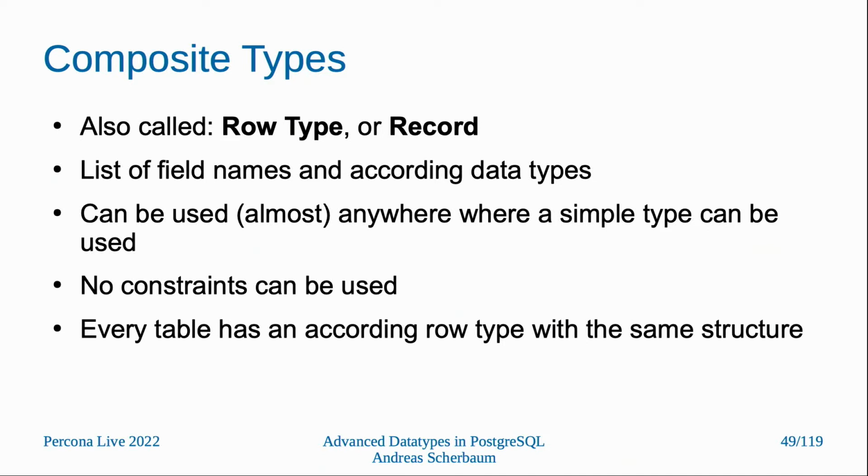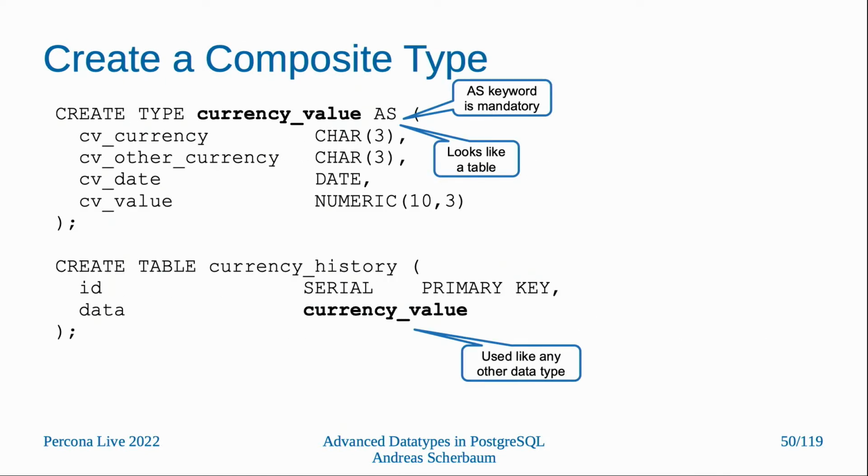This is very powerful because every time you do something like return table, you know exactly what the structure of your return set would look like. You can use record types everywhere where you can use a simple data type. However, you cannot use any constraints, like foreign keys, not null, check, and so on.